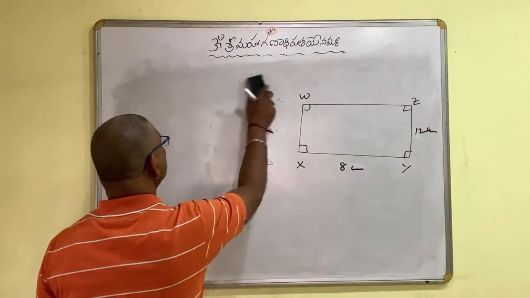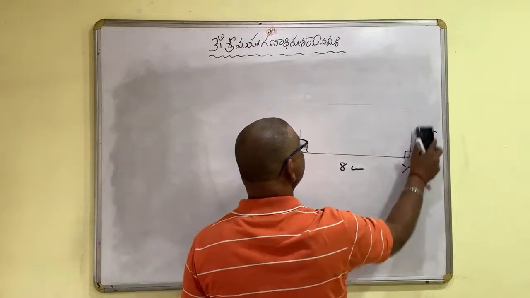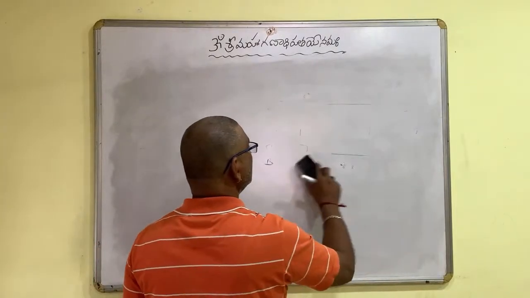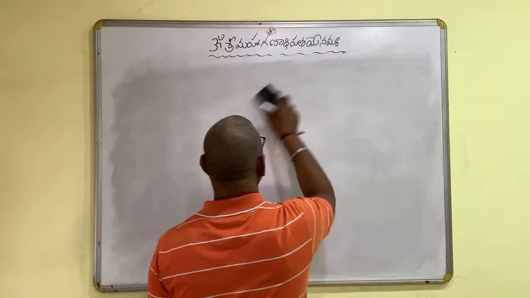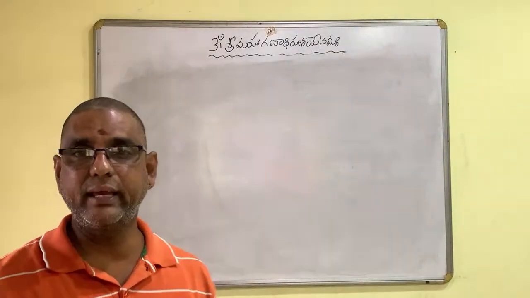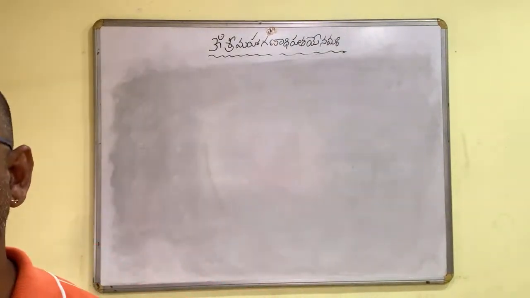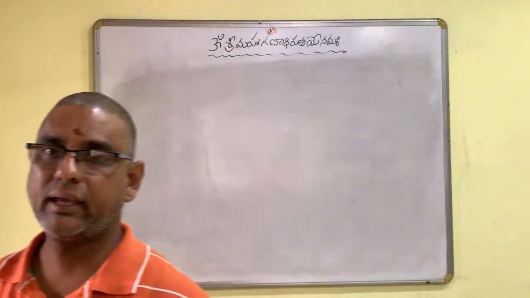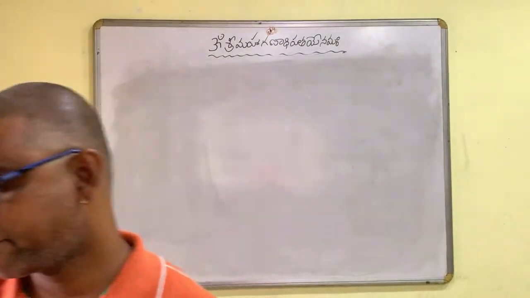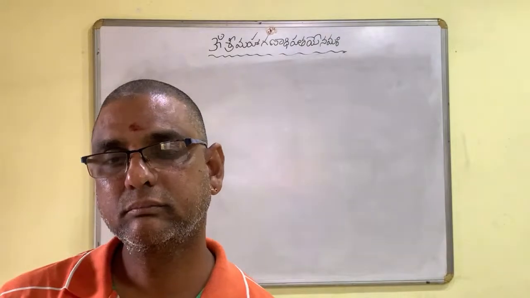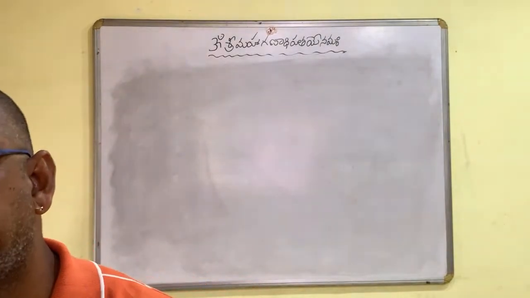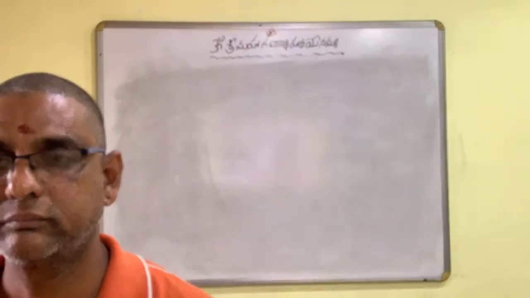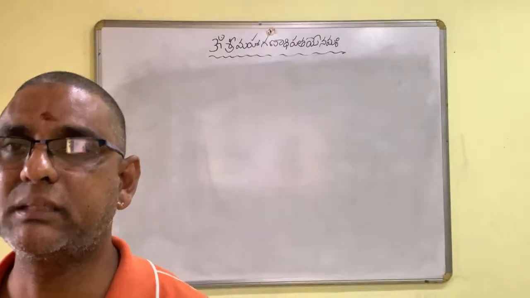Now, children, think about two rhombuses. If I take two rhombuses, can I say they are similar? Can I say they are similar to each other?